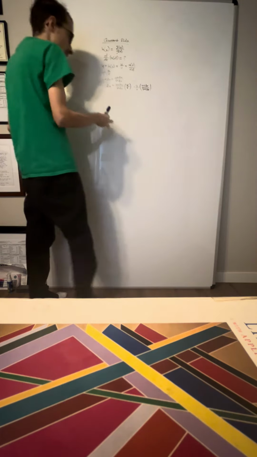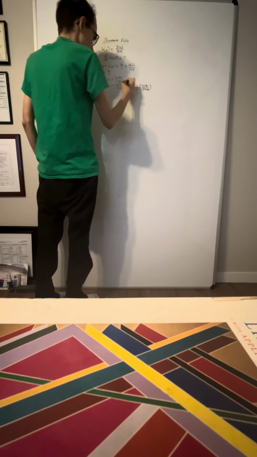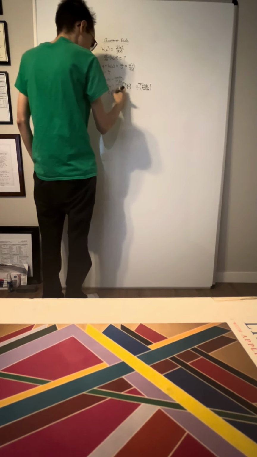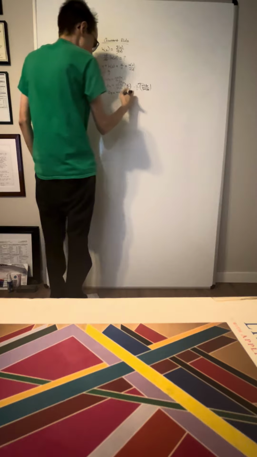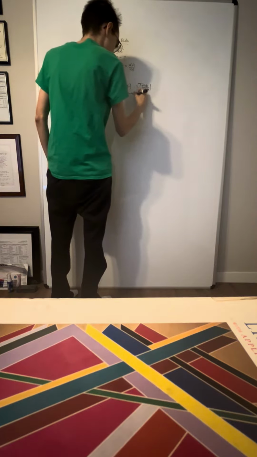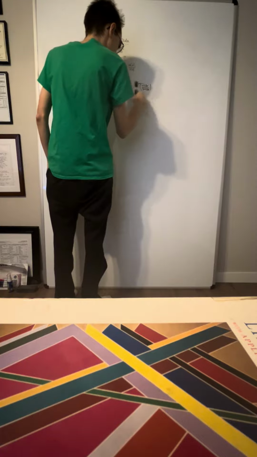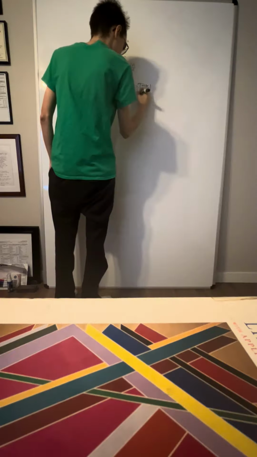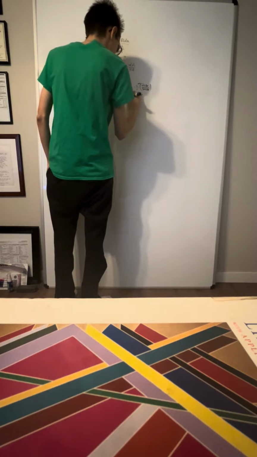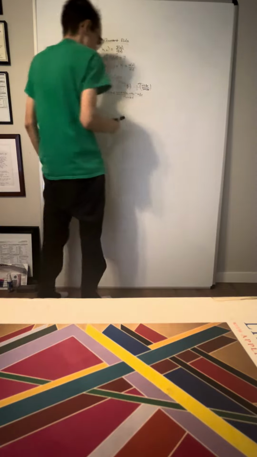So now we're going to go ahead and multiply this out. So delta y equals u times v plus v times delta u minus uv minus u delta v divided by v times v plus delta v.